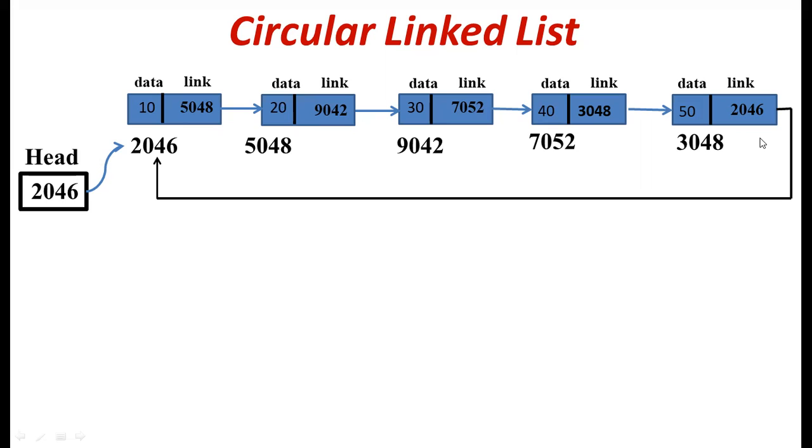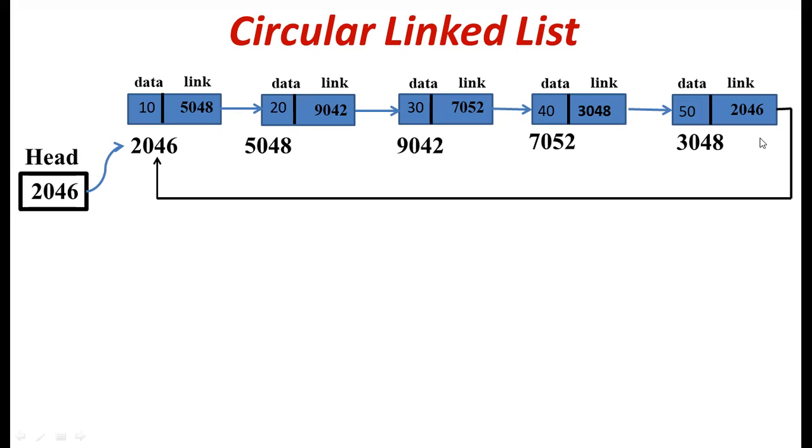Now my question is, where will the circular linked list start and where is it going to end? Since any node can be the starting point, we can traverse the whole list by starting from any point.